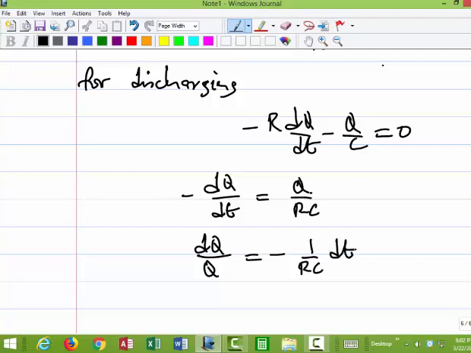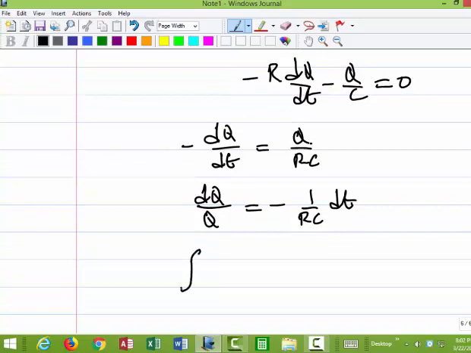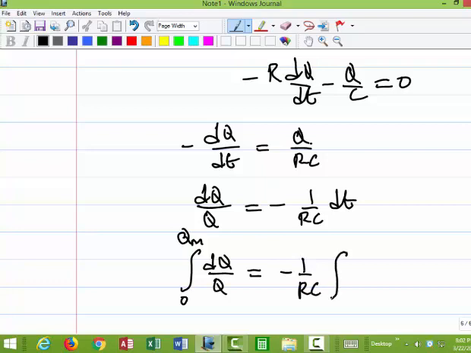Then we're going to integrate this again the same way. We integrate dQ over Q from Qm to Q, and minus 1 over RC dt from 0 to t.